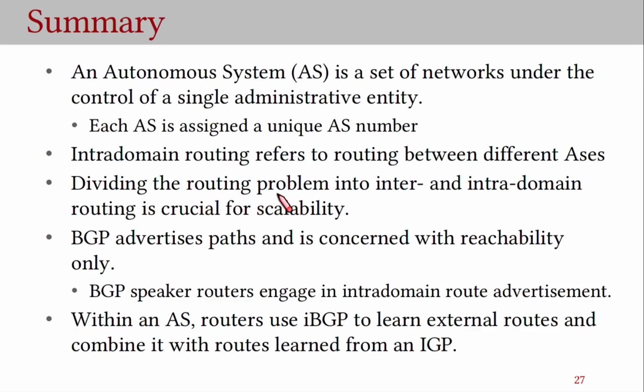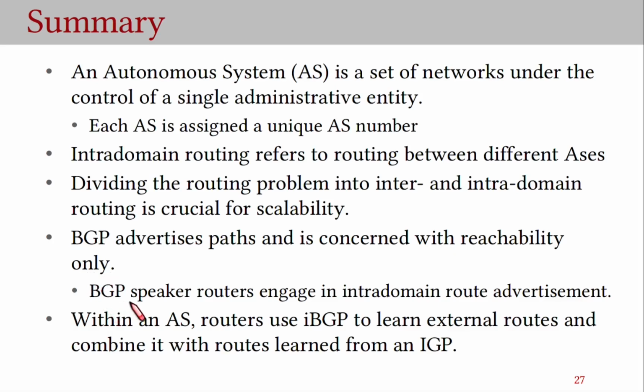We divide the routing problem into two parts: interdomain routing and intra-domain routing, and this division is crucial for scalability. We also saw that BGP advertises paths, and therefore it's also called a path vector routing protocol, and is concerned with reachability only. It is not concerned with optimality of routes.